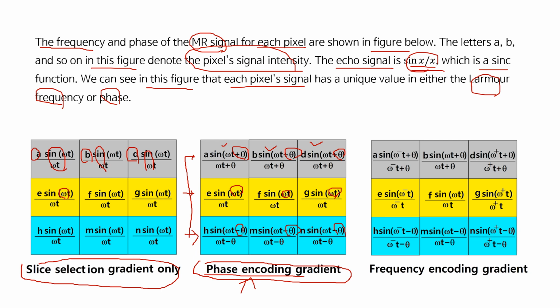Now if we apply the frequency encoding gradient in the x direction, this is the y direction, then in this column, the Larmor frequency is omega minus because we apply the negative slope. This is positive slope. So this is 0.